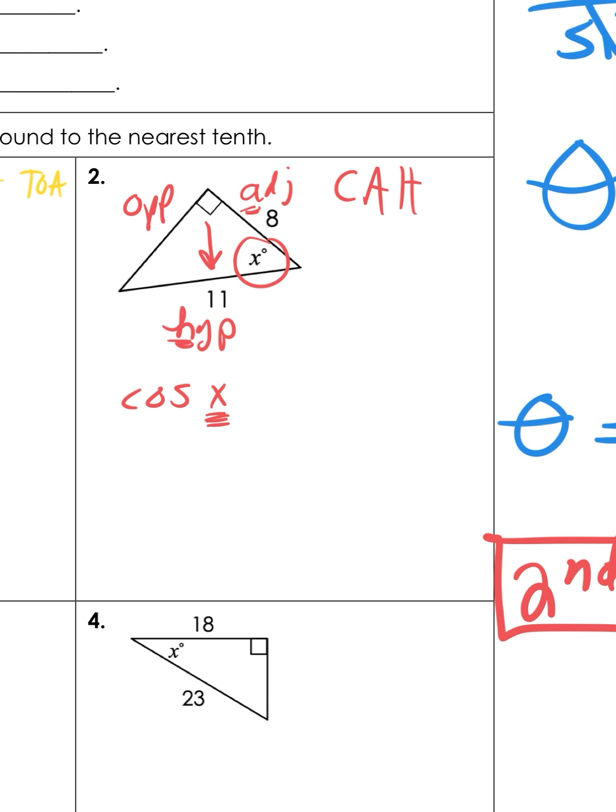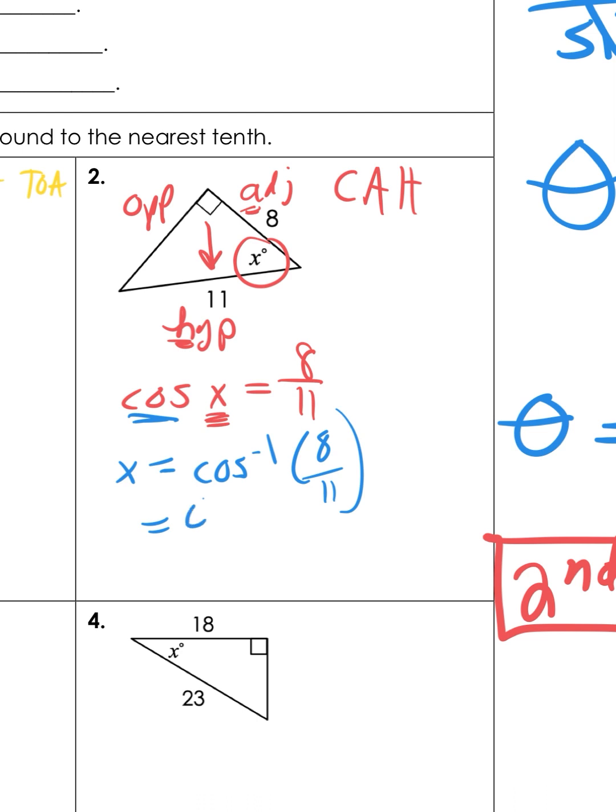I'm trying to find it. Cosine of x is equal to the adjacent side, 8 over 11. And so now I'm going to divide by cosine. And so x is equal to cosine to the minus 1 of 8 over 11. You can go ahead and do that in your calculator, and you should get 43.3 degrees.